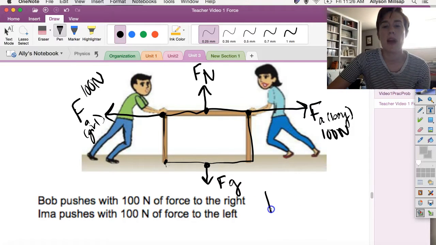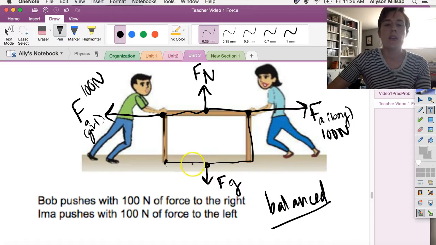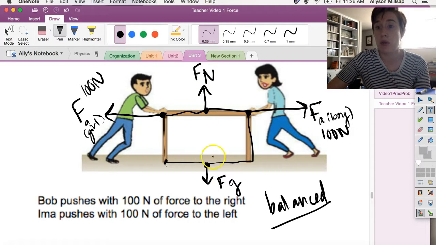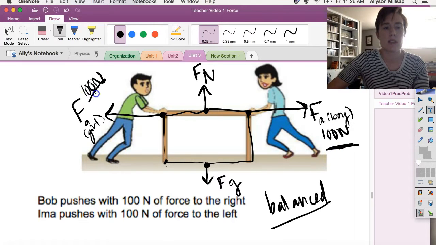Why? Because we have balanced forces. We know gravity and the normal force are equal and opposite because the table's not moving upward or downward, so they must be equal. The table's not going to move left or right because their forces are equal and opposite.